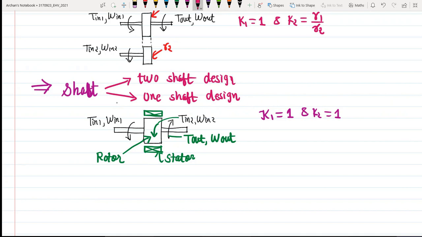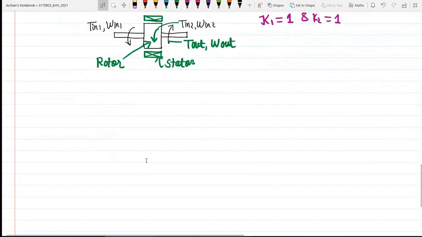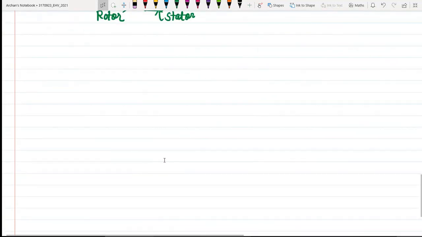Right? So now let us try to understand this. What do you mean by this two shaft design? What do you mean by one shaft design? Okay. So to understand this, again we will try to draw a block diagram for this particular case, right?